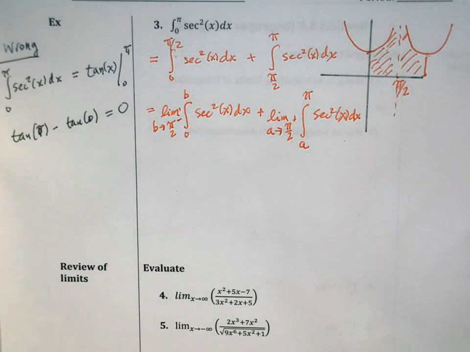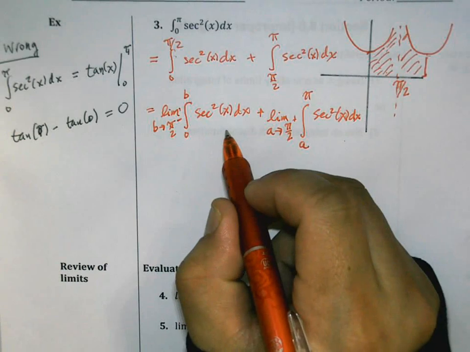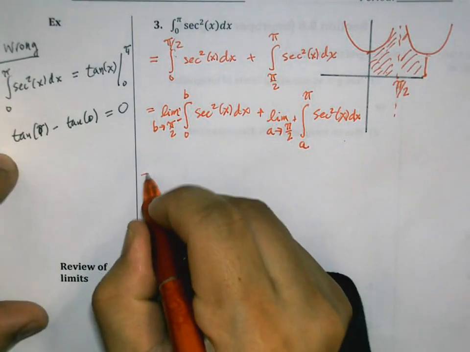Okay, so the notation's a little bit messy, but at heart all we're really doing is computing this antiderivative and then a limit that goes along with that.